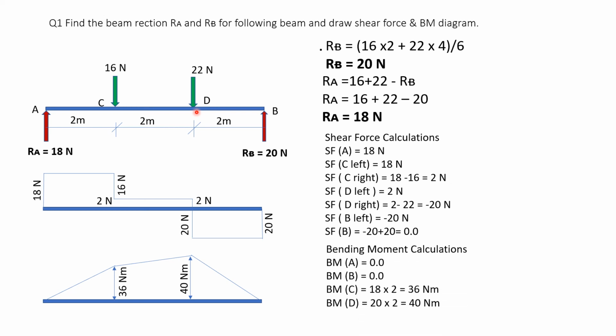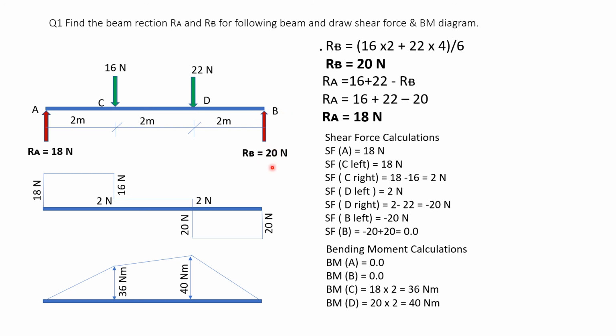This is how you draw the bending moment diagram very quickly. Now how to do the calculations. Bending moment at A and B, as it is a simple support, is 0. Bending moment at C is 18 into 2 from the left side, and this is 36. RA going up, so positive. Bending moment at D: consider only between D and B, so consider the right hand side only from D. Take a section at D and consider only the right side.